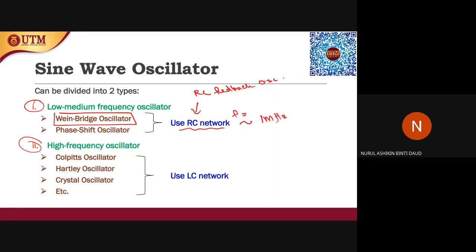Inside this low medium frequency oscillator group, the Wien bridge is the most widely used RC network oscillator. It is the most familiar and the most famous one.